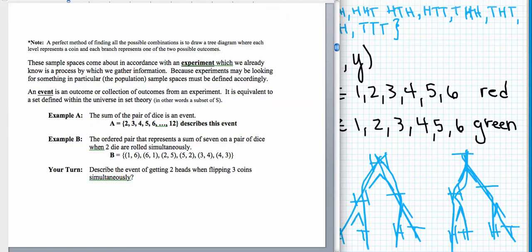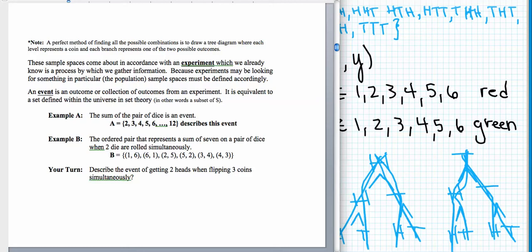That's an event based upon this sample space, but it doesn't have the simple events shown anymore. The event would look like 2, 3, 4, 5, 6, 7, 8, 9, 10, 11, and 12. No longer do you see the simple events occurring in there. And the ordered pairs represent the sum of a pair of dice when 2 dice are rolled simultaneously. Likewise, these show some of the simple events, but not all of the possibilities.